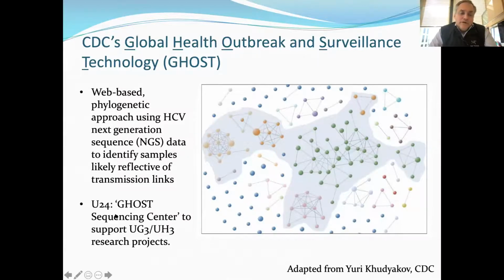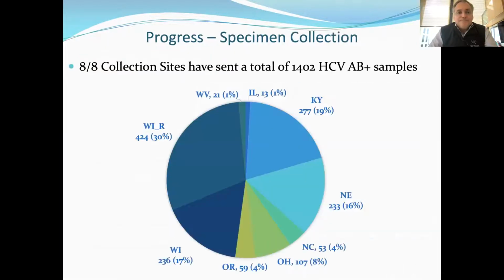And so our role here as the GHOST lab is to generate the sequence data and work with the CDC directly. So linking those UH3 clinical sites where they're enrolling patients and looking at RDS data and linking that to the CDC's network and trying to apply this molecular epidemiology.